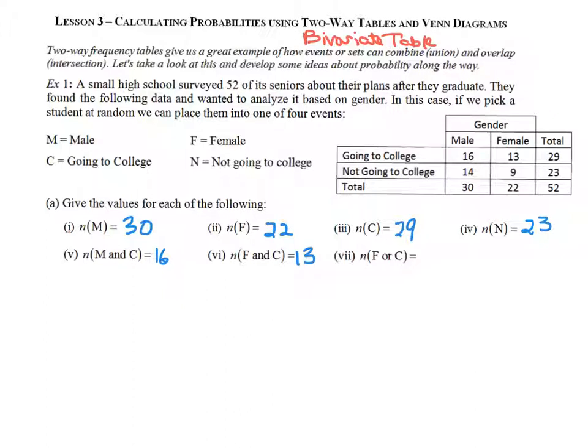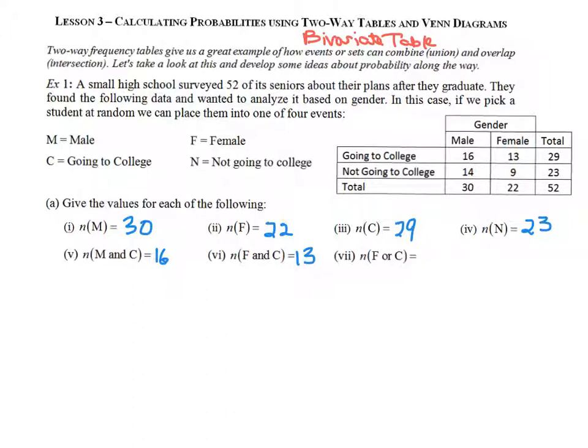Now, when I look at the last example in this section, I notice that there's an or. When I see an or, that means that I want to take into account the number of females right here, or the number of students going to college right here. But be careful, I don't want to count this group of females twice in my totals.